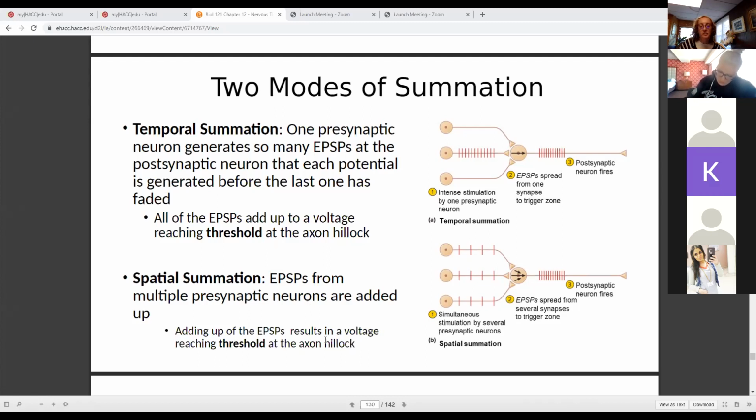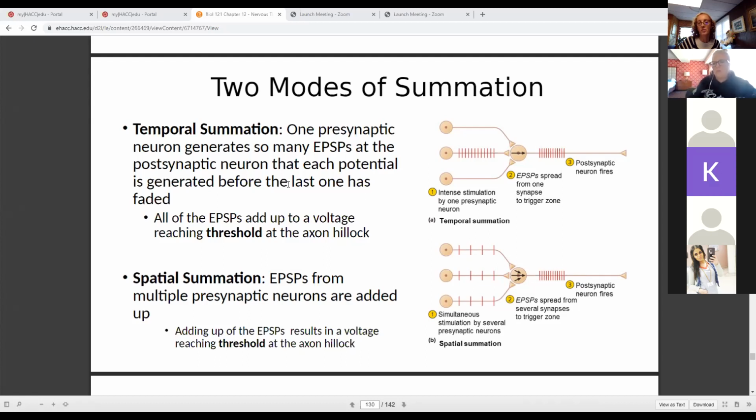Spatial summation is when the excitatory postsynaptic potentials are coming from multiple presynaptic neurons onto one postsynaptic neuron, and we reach threshold and an action potential is fired.